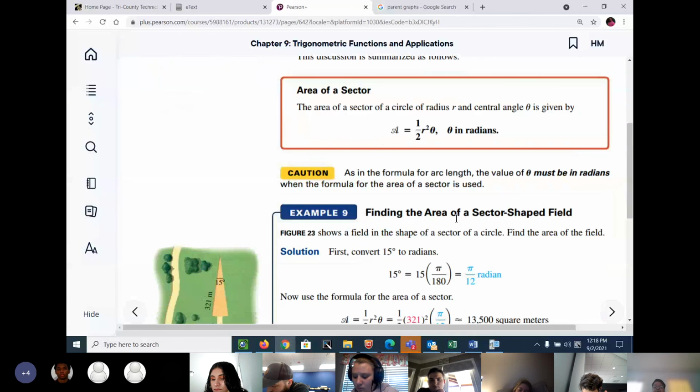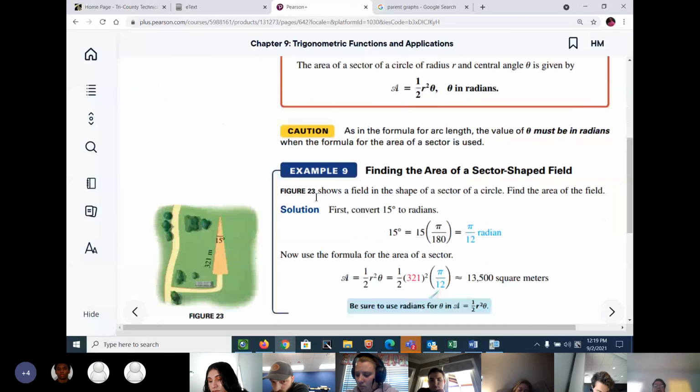So let's do this. Here's the question. It shows a field, the field is shaped blah, blah, blah. Find the area of the field. Here's the field right here. So we've got a field that looks like a Christmas tree.